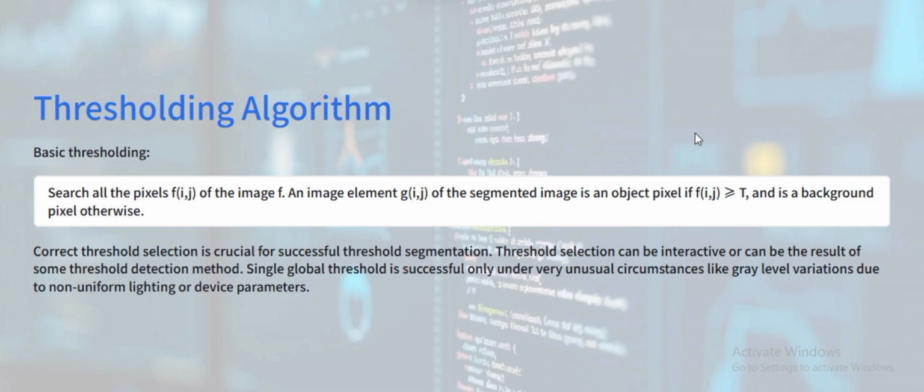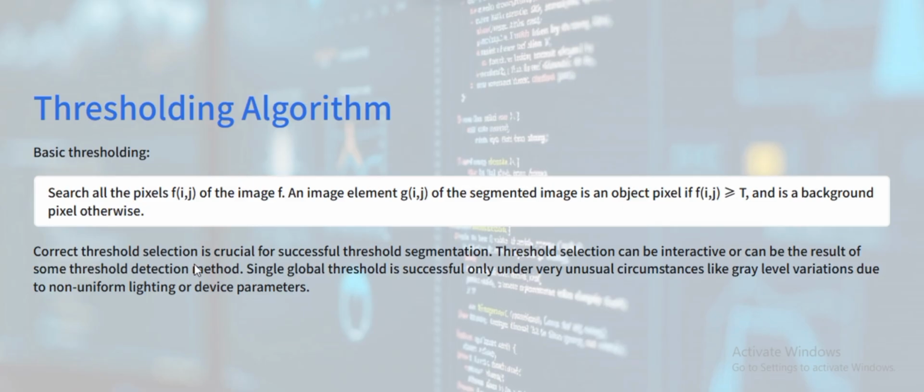Pixel values greater than that t value are taken into one position, and all pixel values lesser than the threshold value are placed in another position. Based on this we separate one part of the image as dark and the other part as white. This is called the basic thresholding process.